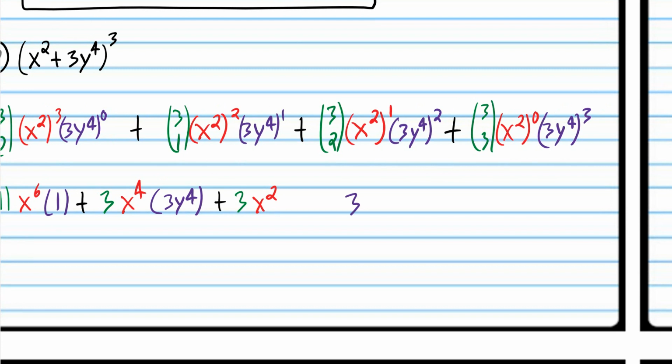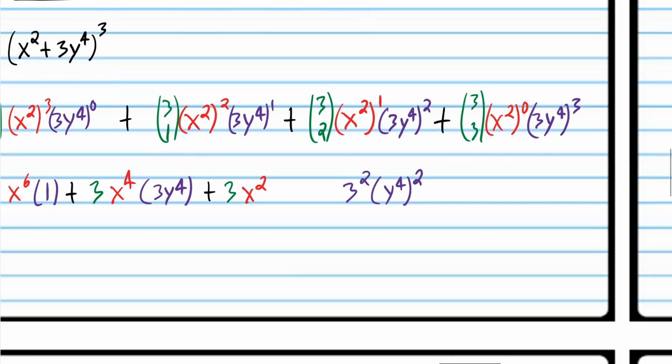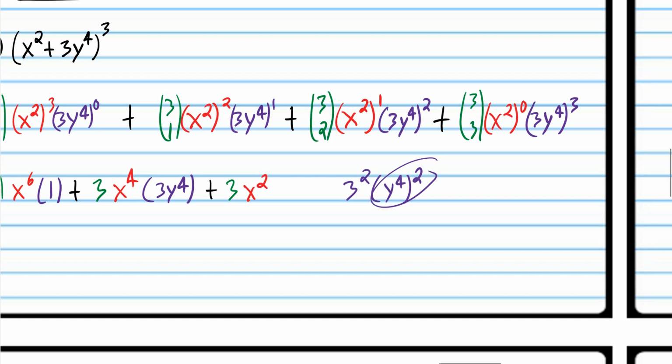So we have a product raised to some power, which according to exponent rule number 3 is equal to the first number in the product raised to that power times the second number in the product raised to that power. Now we have to use rule number 5 to get y to the 8.